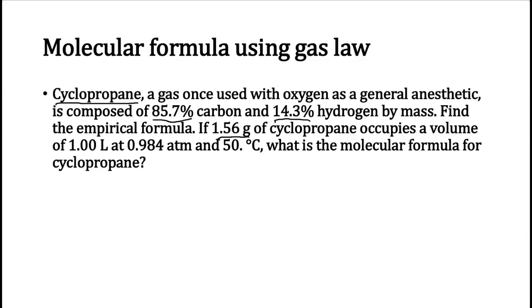Then they give us a volume, a pressure, and a temperature. So what that means is if we know V, P, and T, using the ideal gas law, we can solve for n.